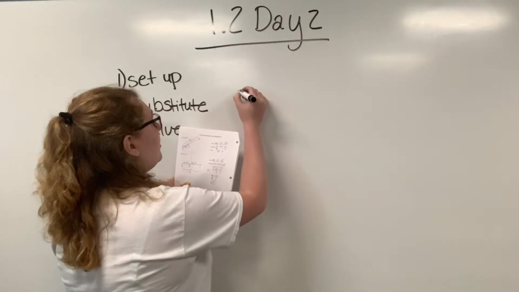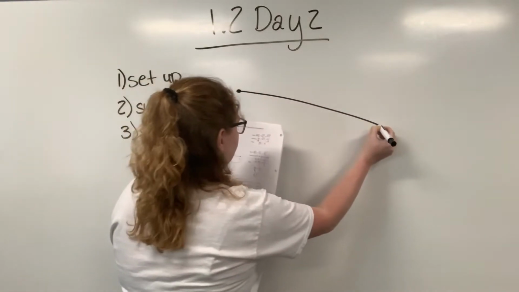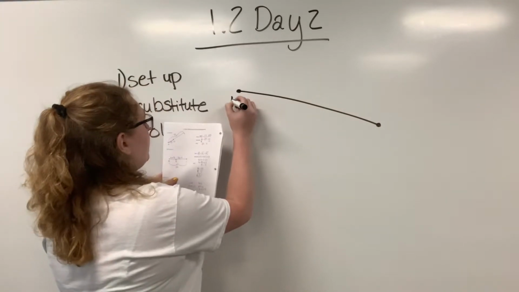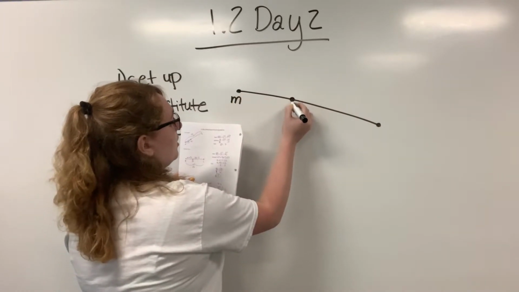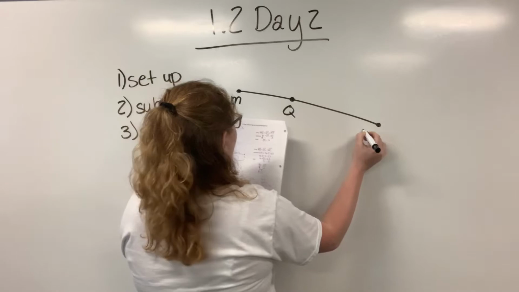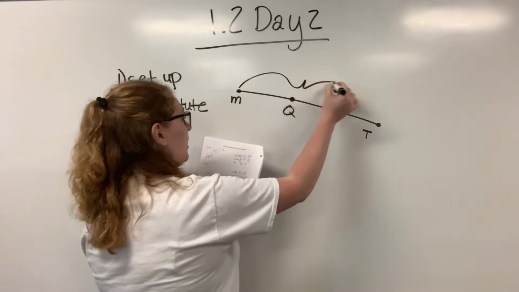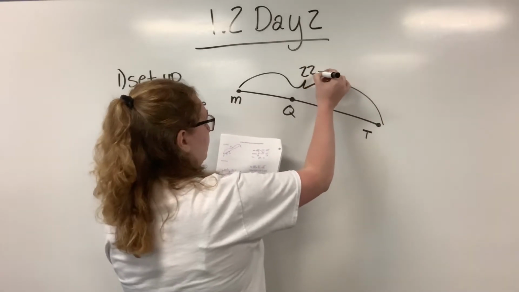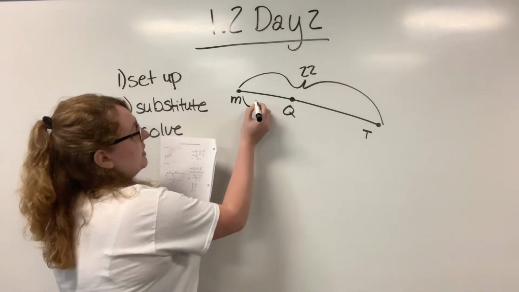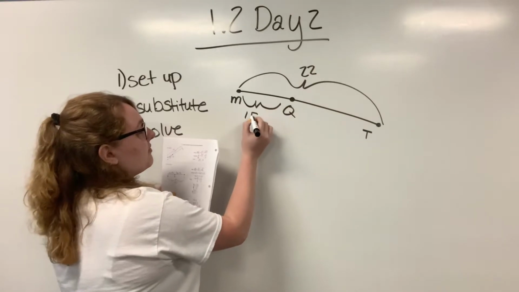So if I had another segment between M, Q, and T, where the whole thing is 22, but the distance between M and Q is only 15.